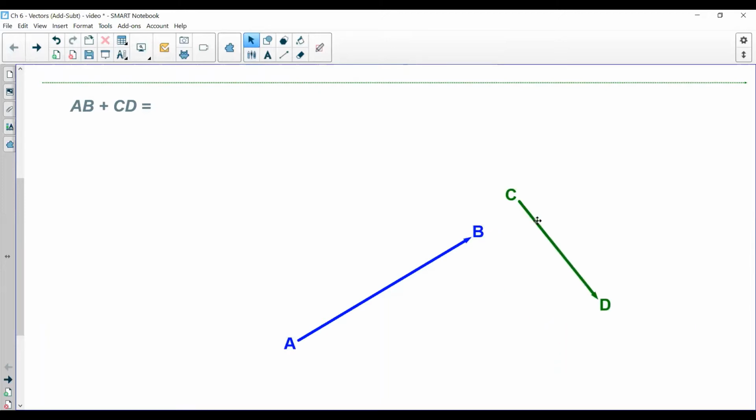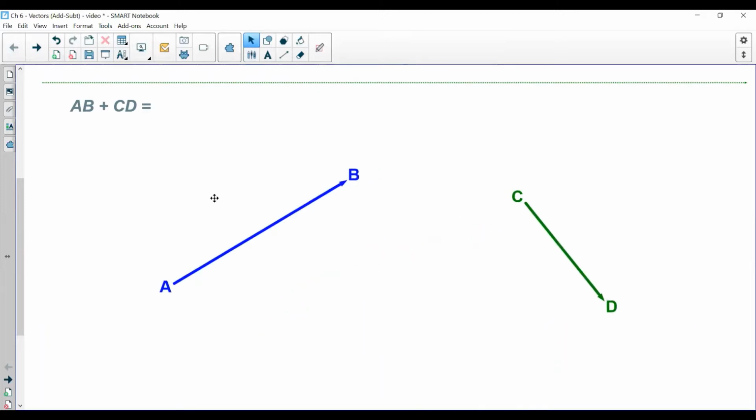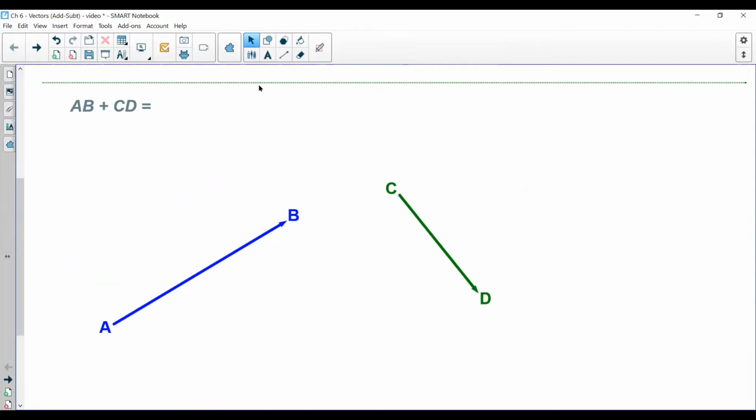Now, when you add these vectors together, here's how it looks visually. We first travel from A to B, and then travel the way this vector is telling us to travel. When we stop at point B, we travel in the direction of CD, which means we have to connect these vectors tip to tail, or head to tail, whichever you'd like to call it.